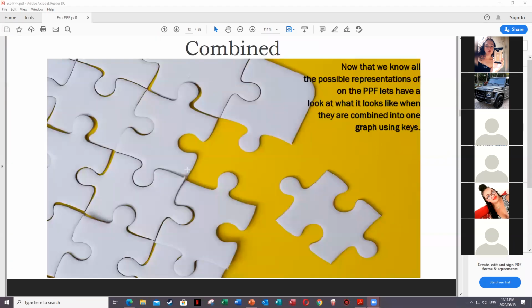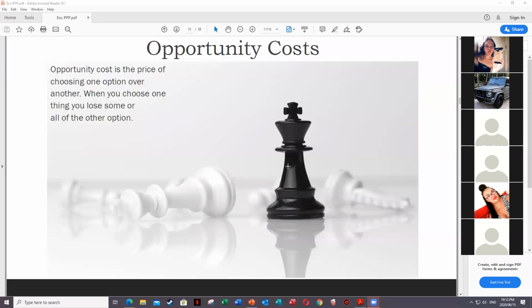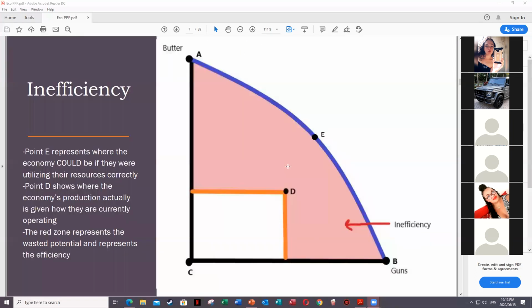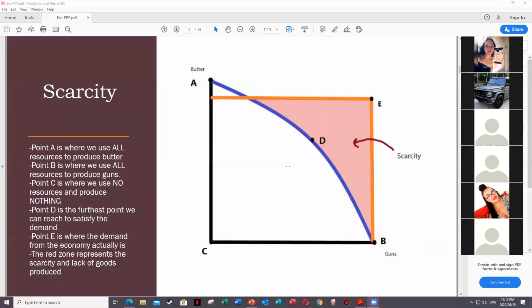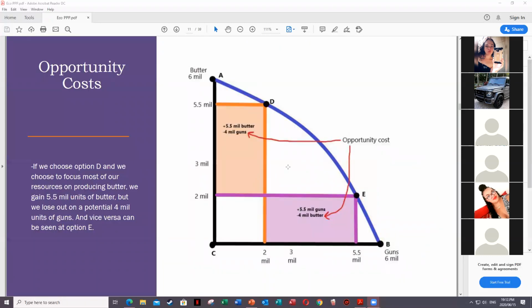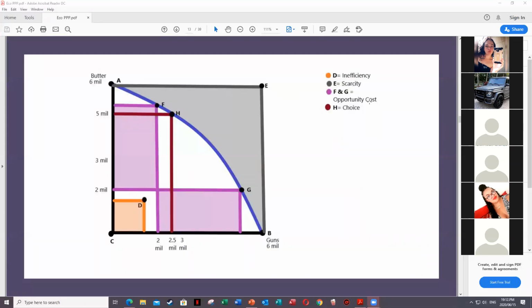And then you have to combine them all into one graph together. It does look a bit confusing, but if you know how to do all of them, just take it step by step, do it one at a time on one graph, and make sure there's space for everything, then you'll be okay.